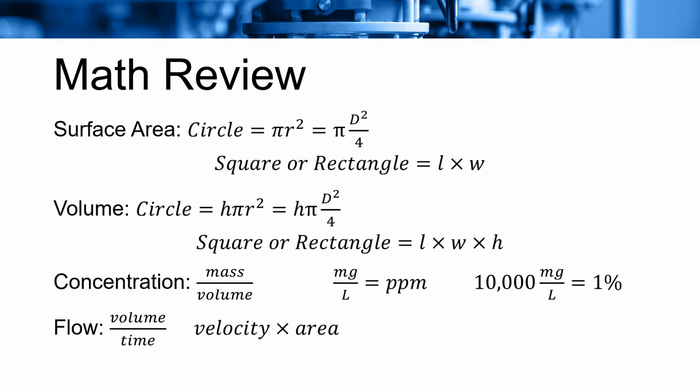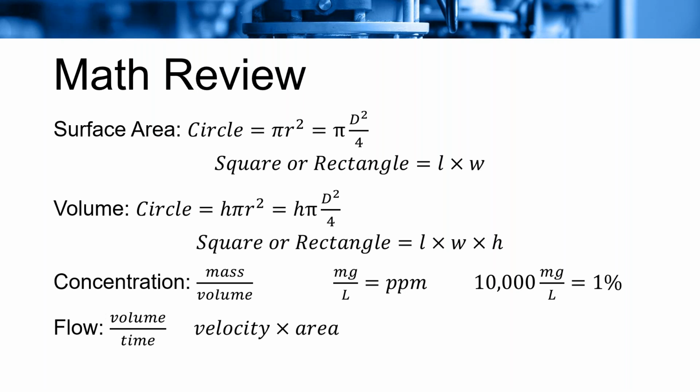So the second one is pi d squared over 4, where d is your diameter, and your radius is just half of your diameter, which I'm sure a lot of you already know. The area for a square or rectangle is your length times your width. And for volume, it's both of those just multiplied by the height, and you can see that in the equations in the middle where it says volume.